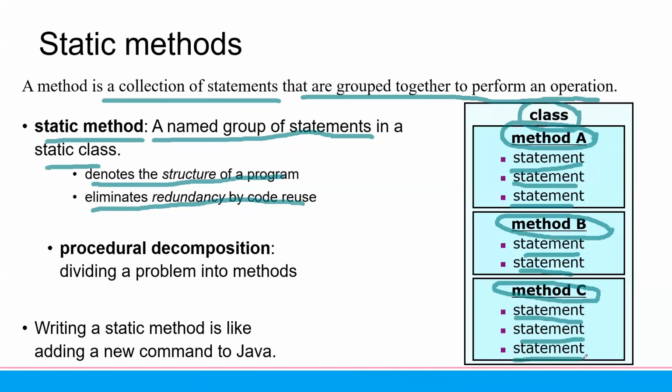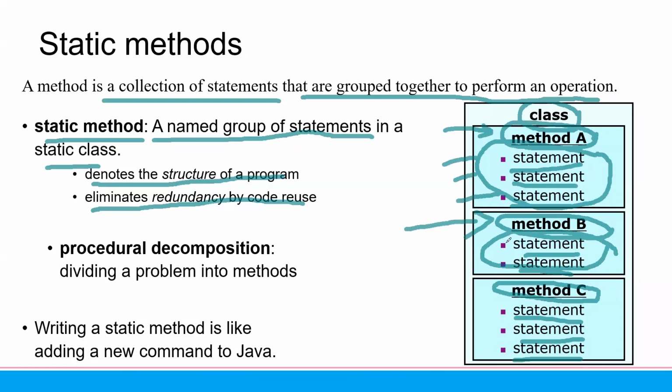If I want to run those three statements again, I don't need to write three statements. I just call method A, and then those three statements will be executed. I don't need to write those two statements. I just need to call method B, and those two statements will be executed.